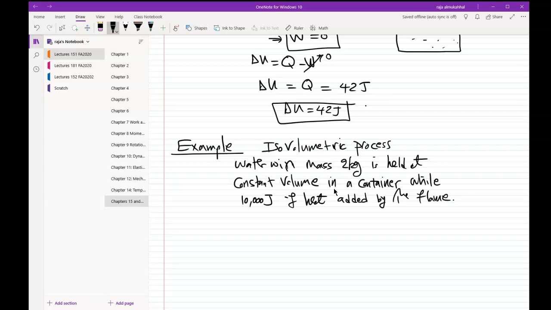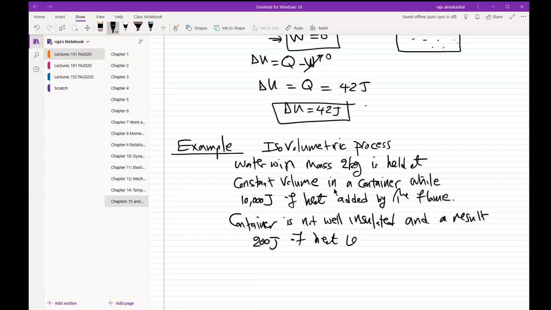So he says 10,000 joules of heat is slowly added by the flame. However, it says here the container is not well insulated, okay, and as a result, 200 joules of heat leaks out to the surrounding air.